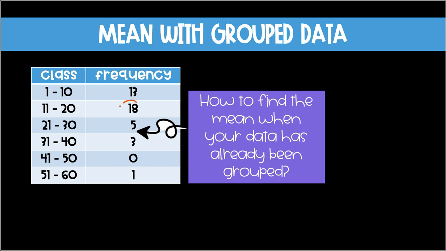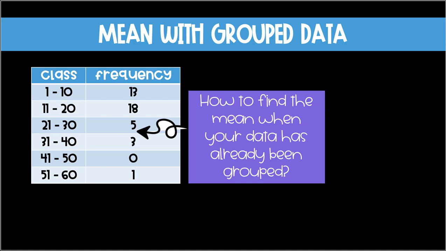And then I know I have 18 values between 11 and 20. And then I have 5 values between 21 and 30, and so on. I have no values between 41 and 50. How can I compute the mean if I don't know my data set numbers? I just know their frequencies and their classes.